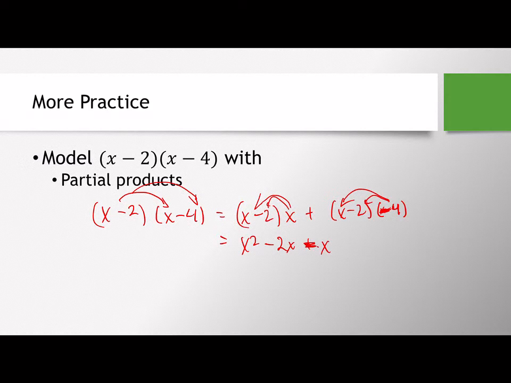So that negative 4 here becomes negative 4x there, and minus 8 plus 8. So I think we have it now. We have x squared minus 6x plus 8. That's our answer.